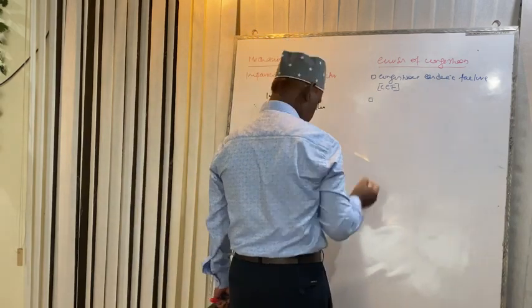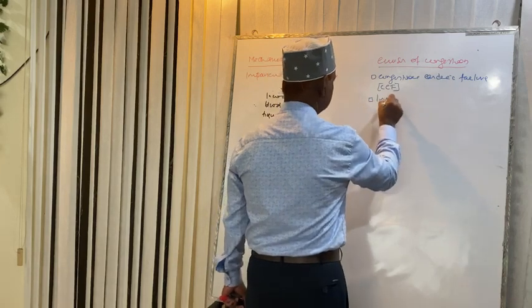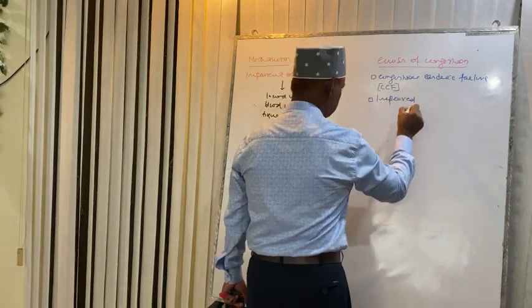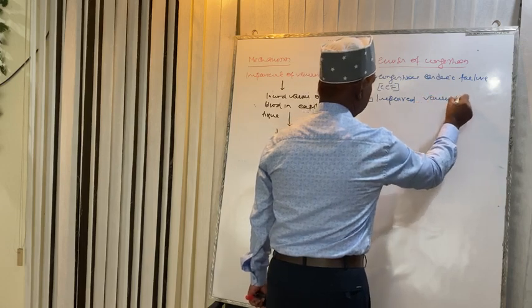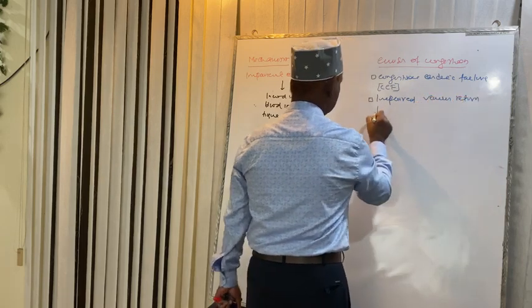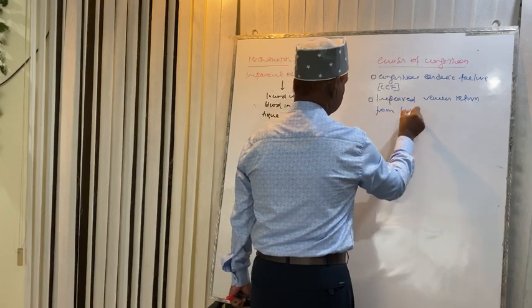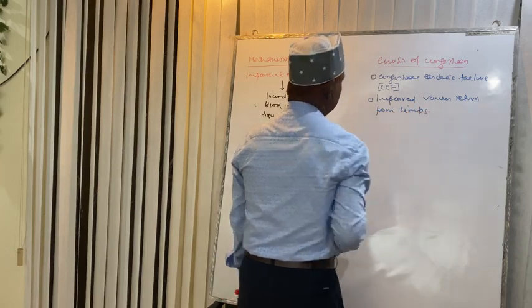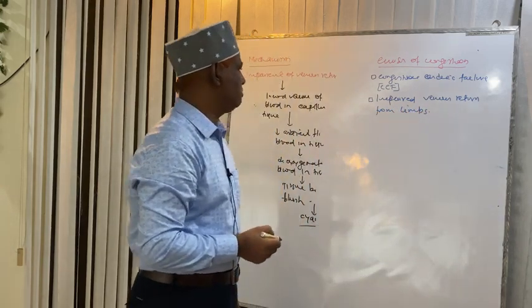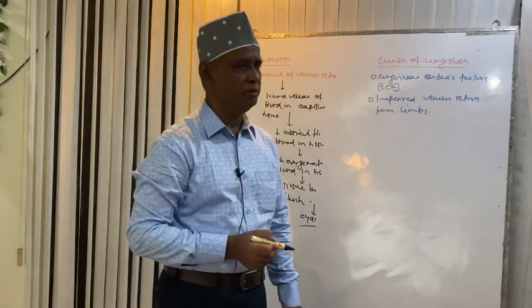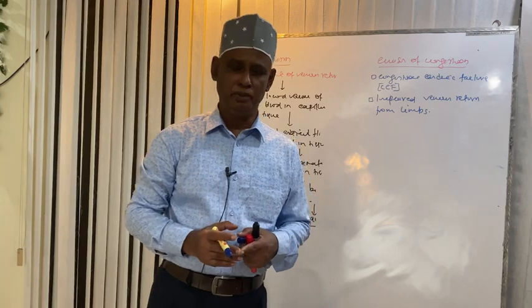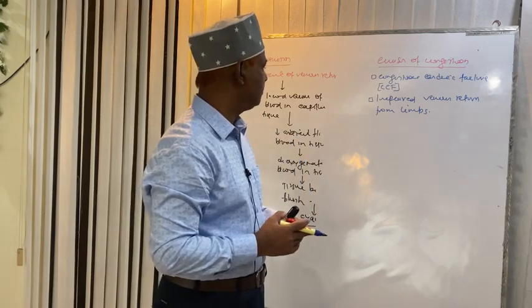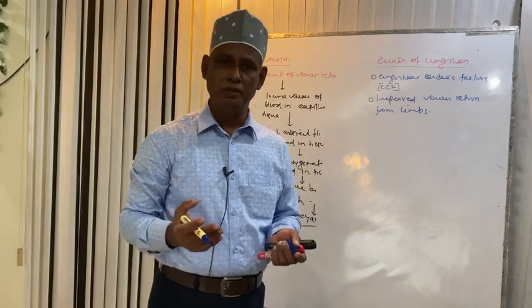Another cause is impaired venous return from limbs. Example of impaired venous return from limbs associated with congestion. This is actually localized congestion. But if there is congestive cardiac failure, this is generalized congestion.